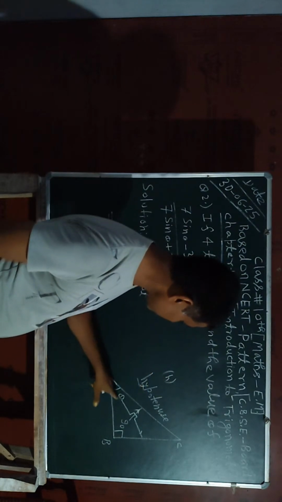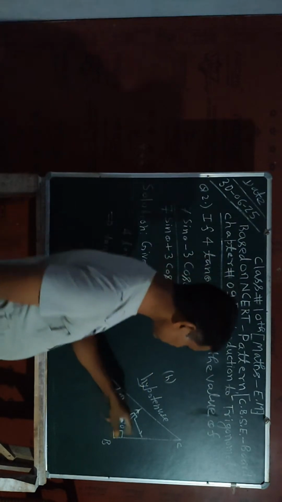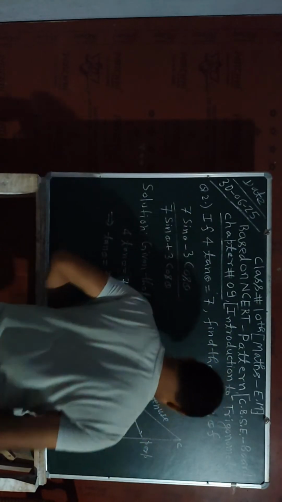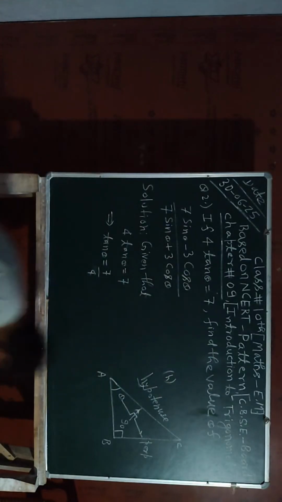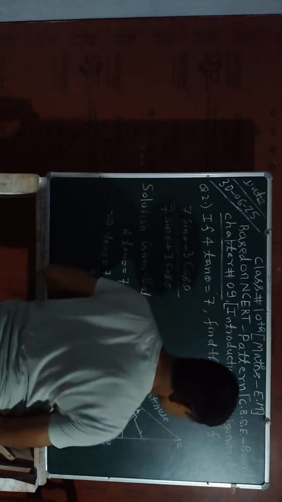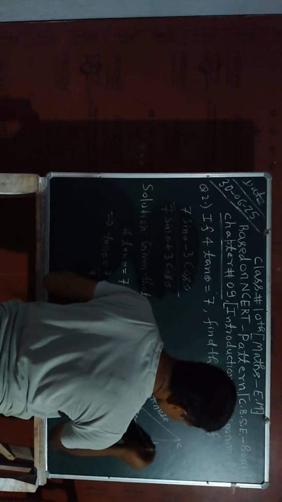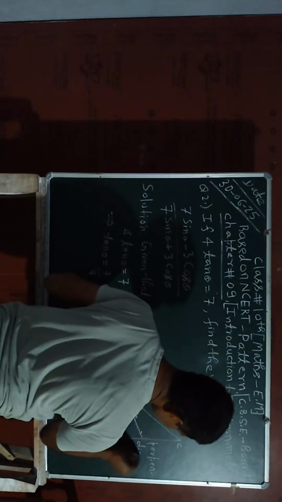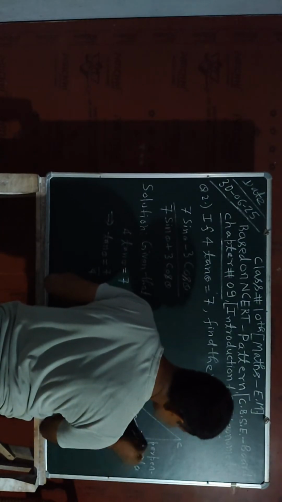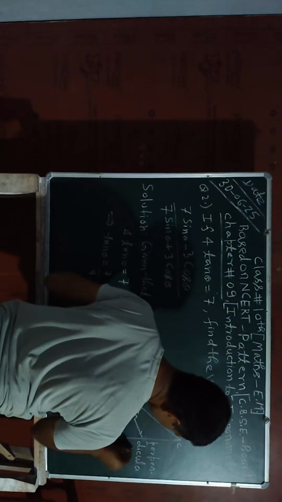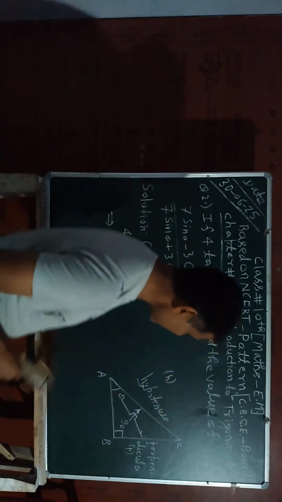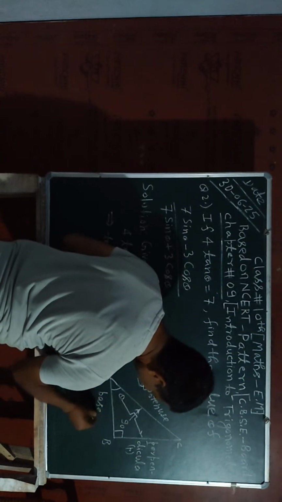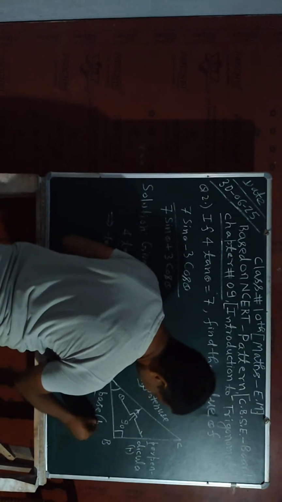Now here I am considering theta, and opposite theta I will say perpendicular, starting with P, so I will write P in the bracket. The remaining side I will say base, starting with B, so I will write B.